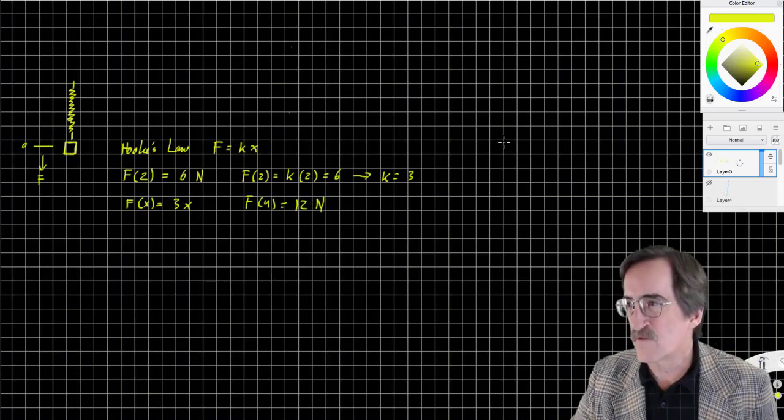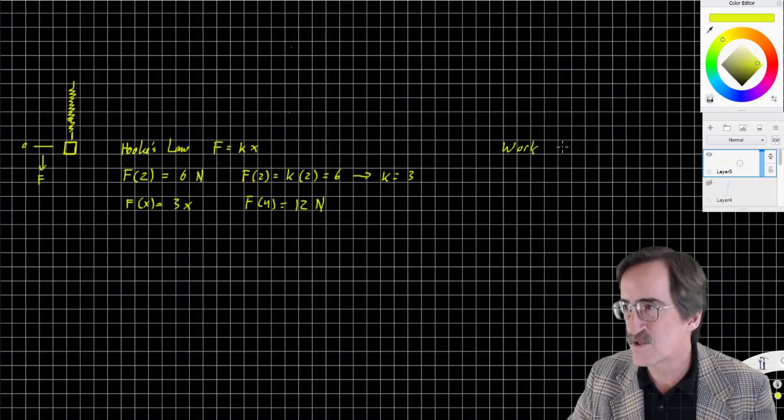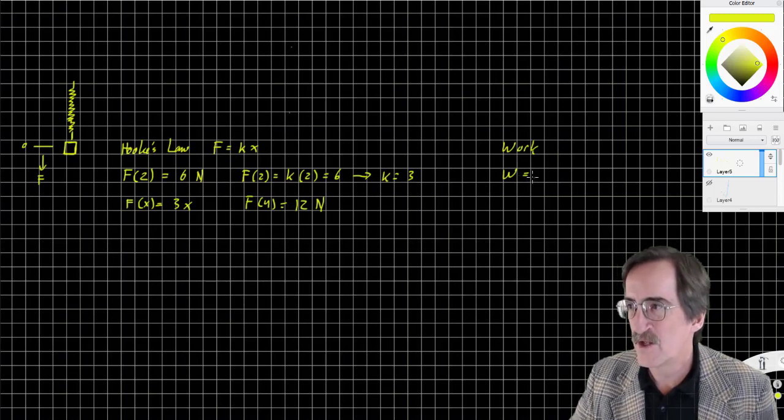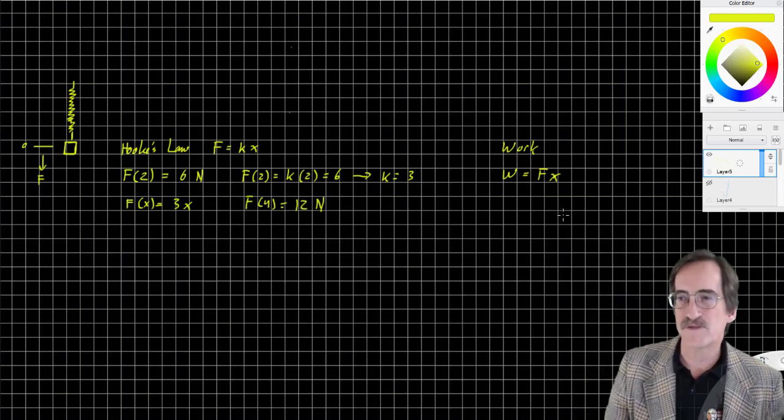Now work in physics is measured as force times distance, or force times displacement. So force times distance, or x. Okay. Work is force times displacement.